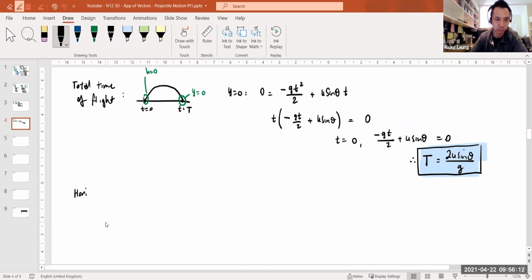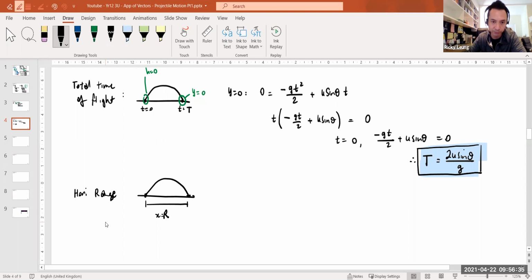Horizontal range. Now you can see for horizontal range, all I've got to do is, from here to here, this distance is the horizontal range. What does that mean? I would sub in the total time of flight into the horizontal displacement formula.